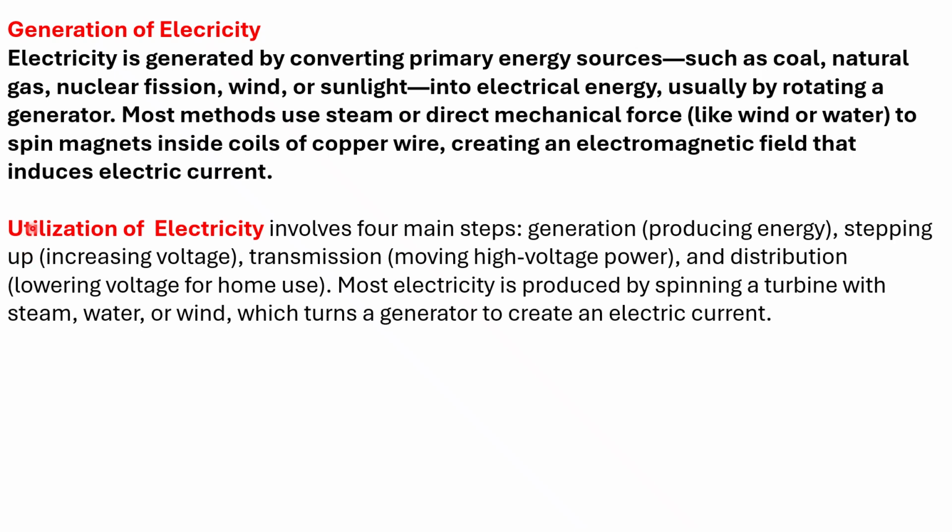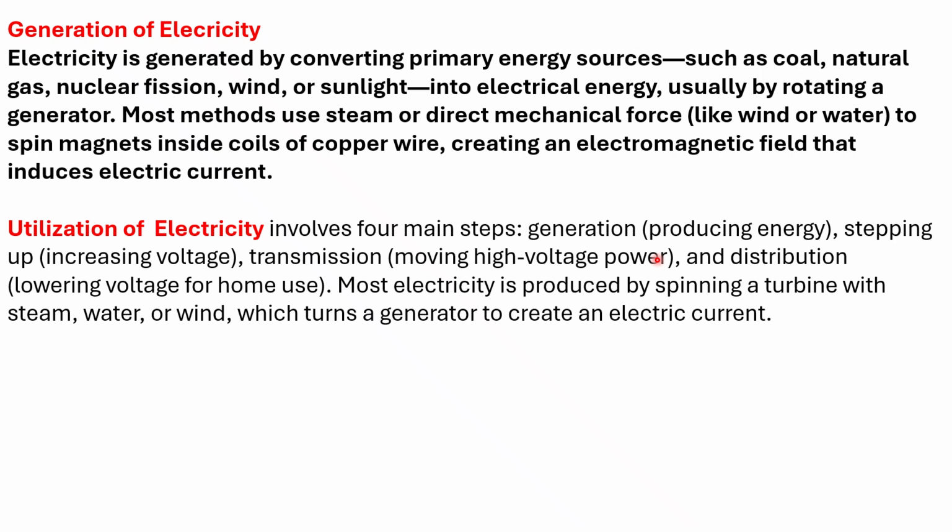Utilization of electricity involves four main steps: generation; stepping up, that is increasing voltage through a transformer; transmission, moving high voltage power on transmission towers carrying conductors.